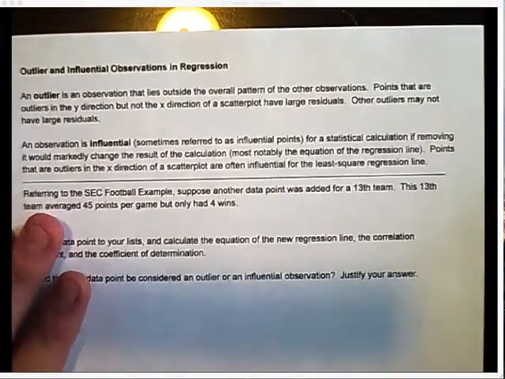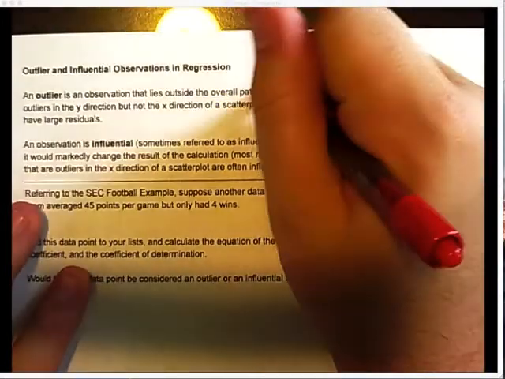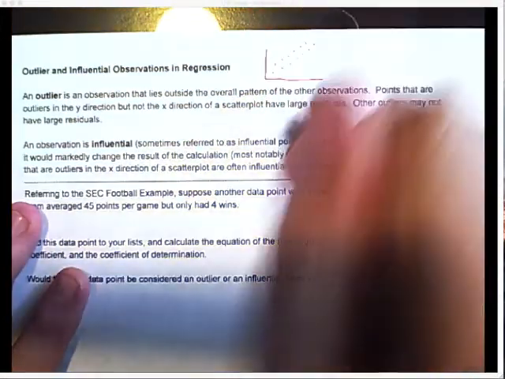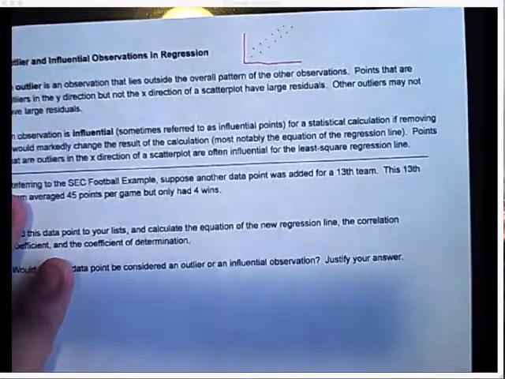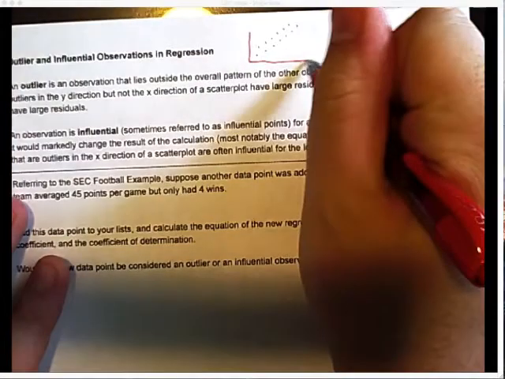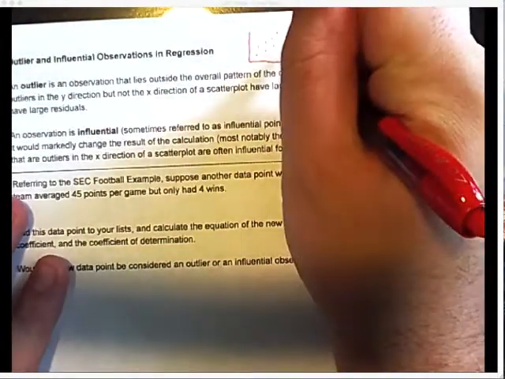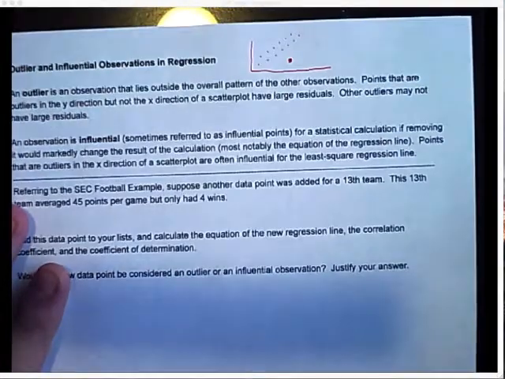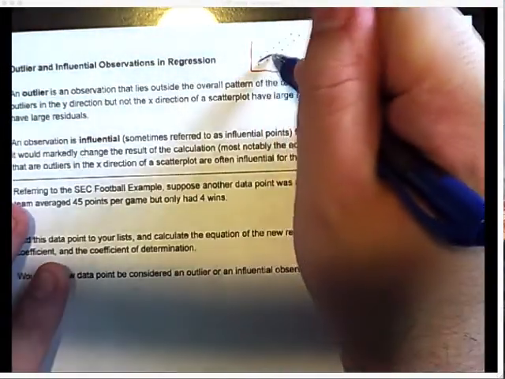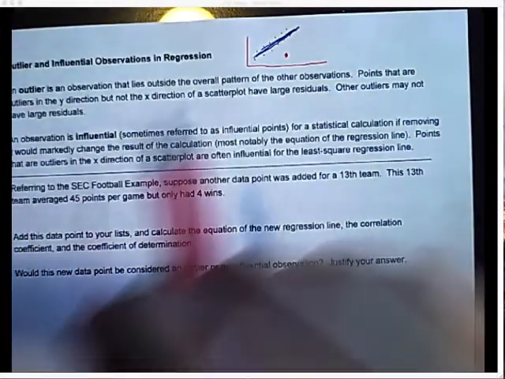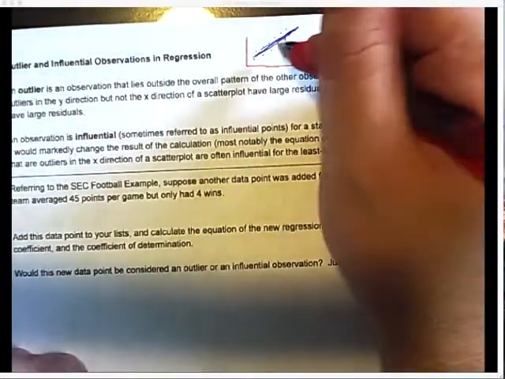An outlier is an observation that lies outside the general pattern. So if here's my scatter plot, a number is an outlier. This is the general trend. What about if we have another one that's right here? Generally, here's our least squares regression line. It's got a bigger residual than all these other points.